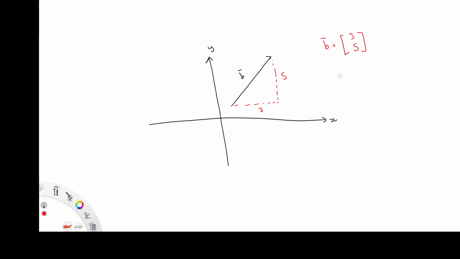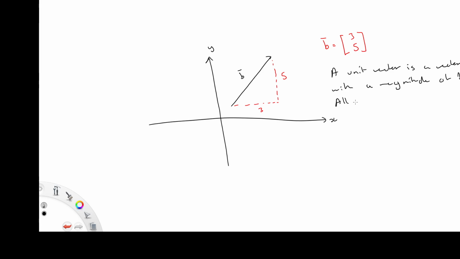Now, a unit vector is a vector with a magnitude of 1. So how do you find the unit vector?